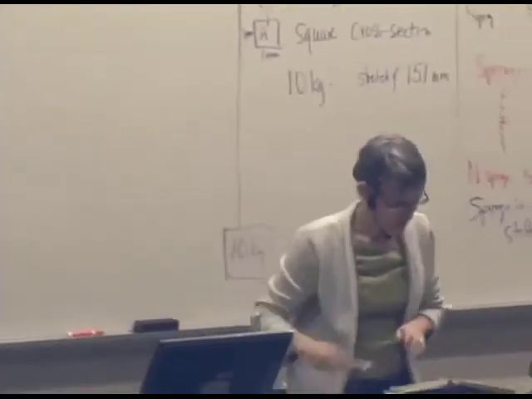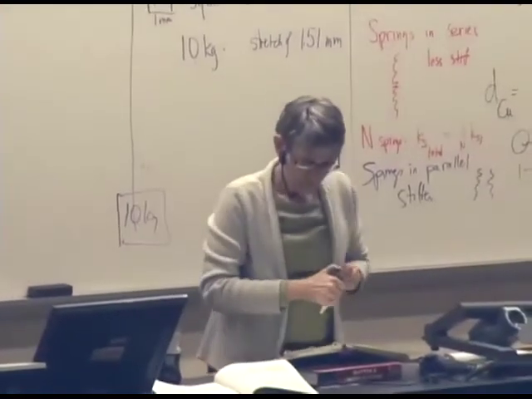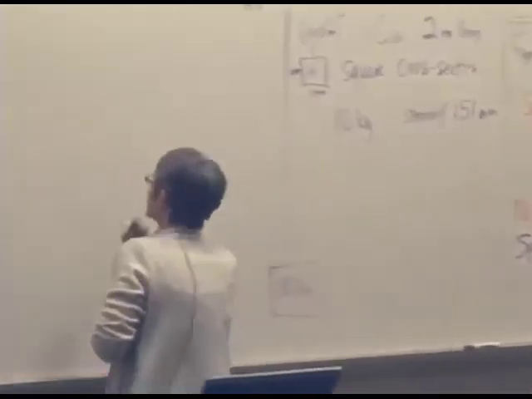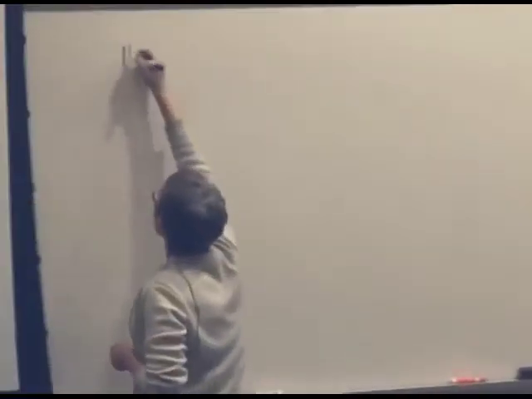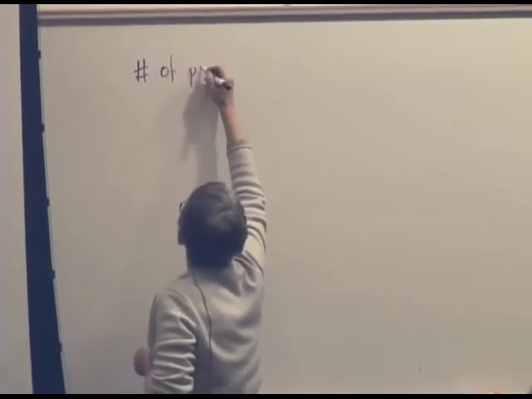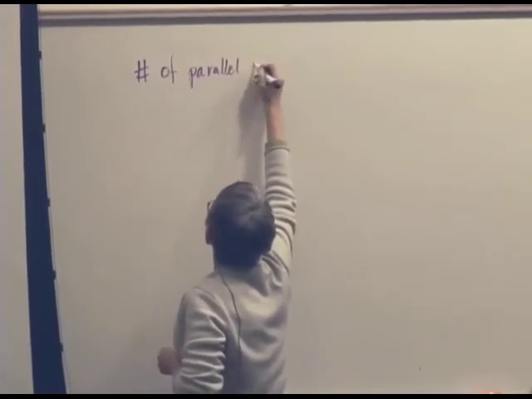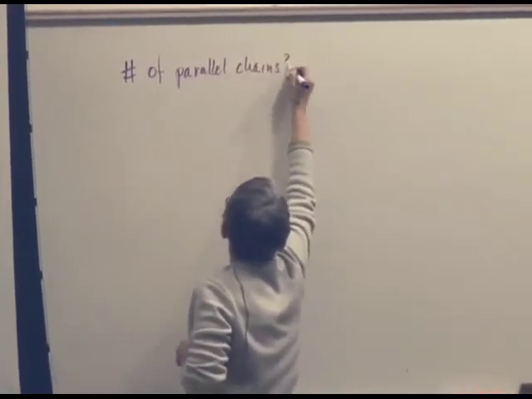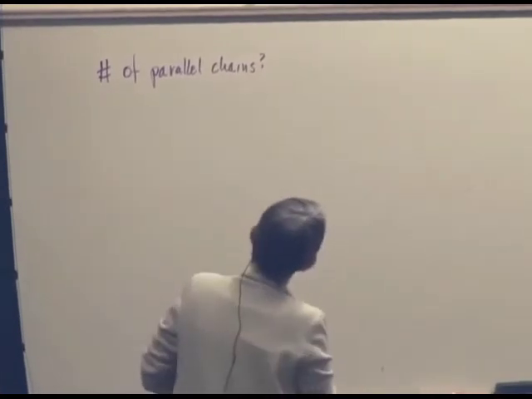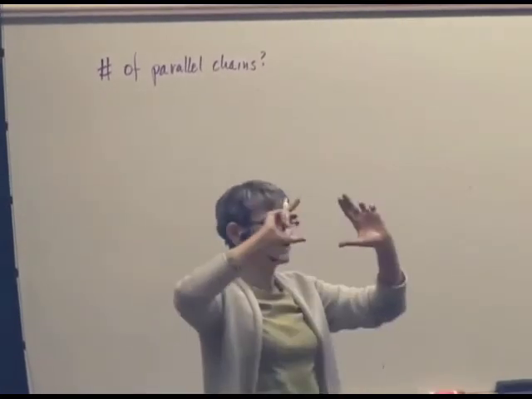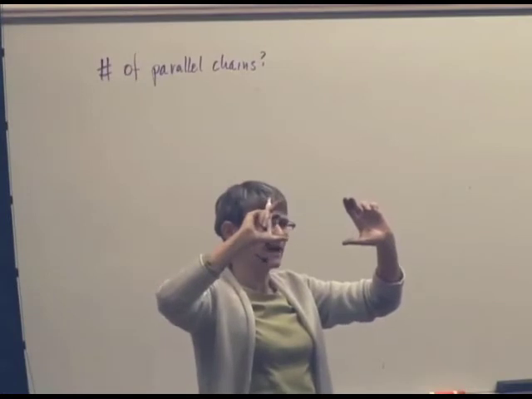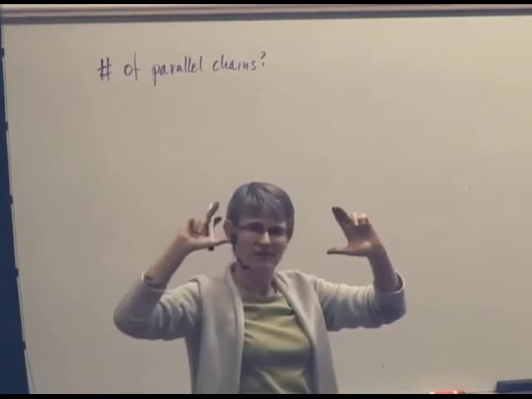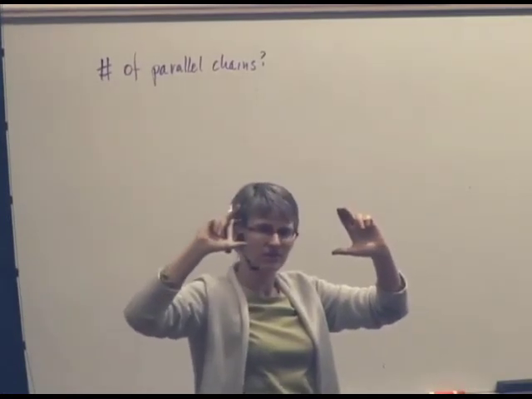So, first of all, the number of parallel chains. Well, if we looked at the bottom of the wire and we just counted the number of atoms that we saw, that would give us the number of parallel chains, right?